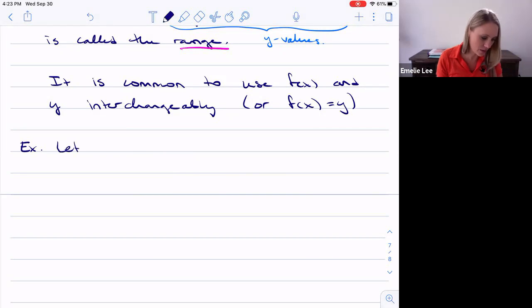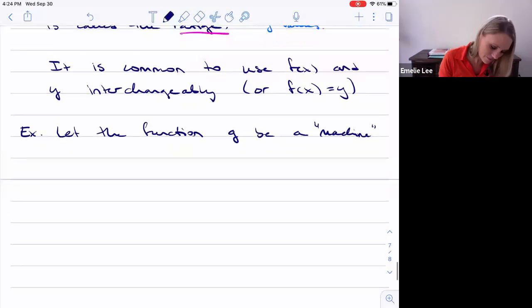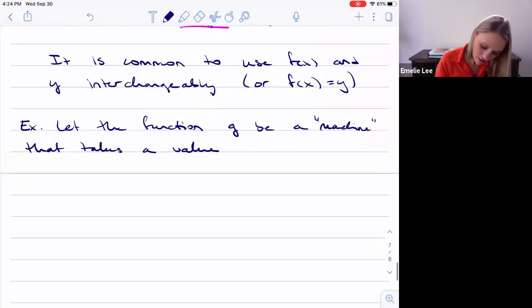All right. Here's our example. Let the function g be a machine that takes a value, adds 2, then multiplies by 5.